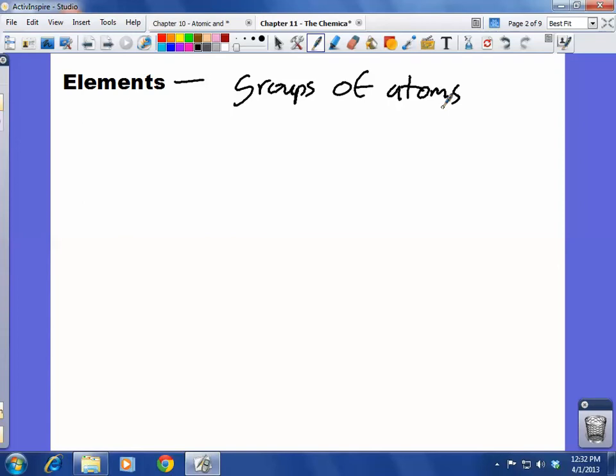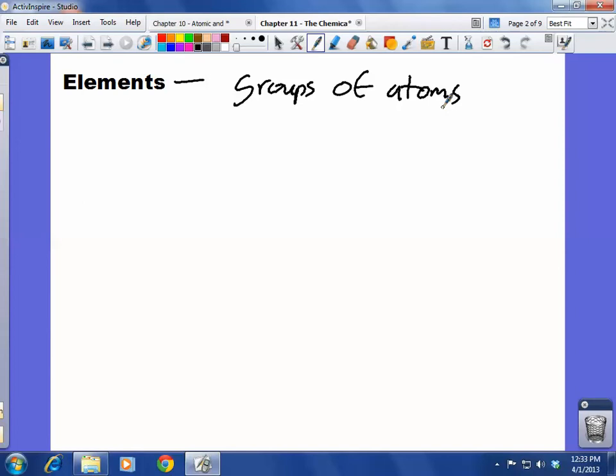I can think about an individual carbon atom as having maybe 6 protons, 6 neutrons, 6 electrons. But I can also think about carbon as a whole. So like the pencil lead in your pencils. That's actually not lead, that's just carbon. So if I think about carbon on a bigger scale, I can call that an element.